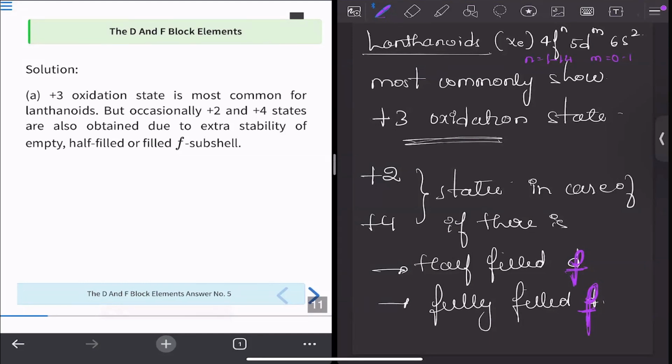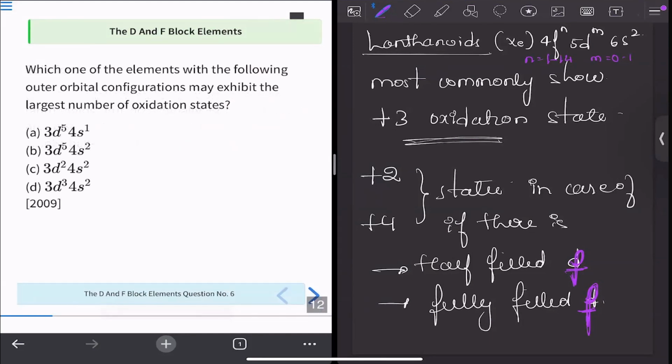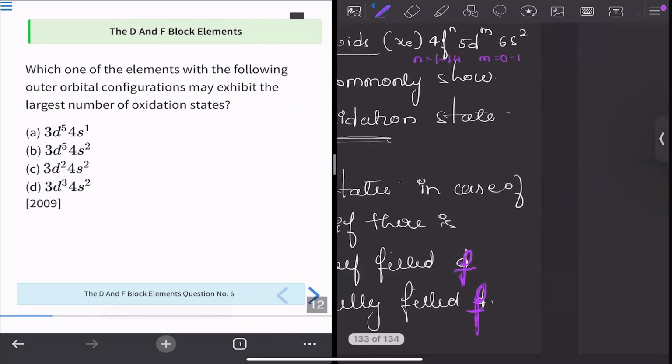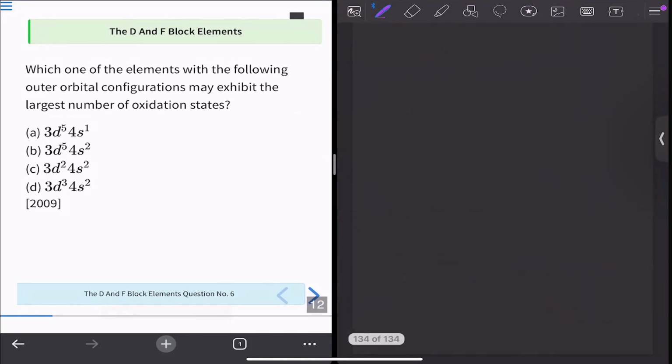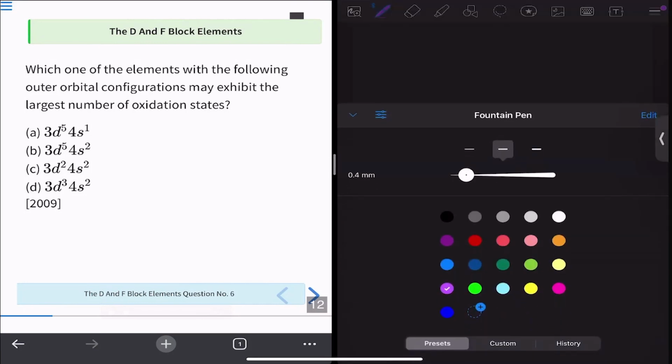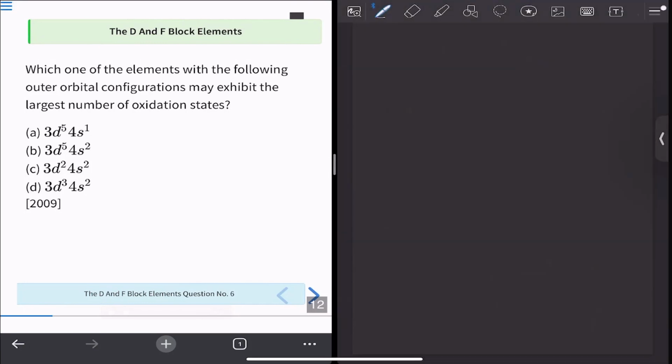Next, which one of the elements with the following outer orbital configurations may exhibit the largest number of oxidation states? It is a simple question.